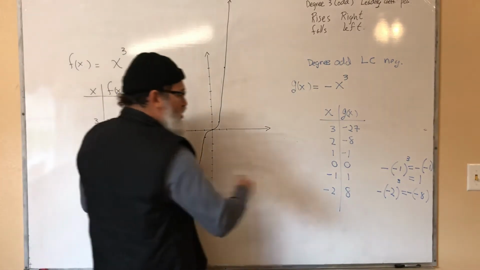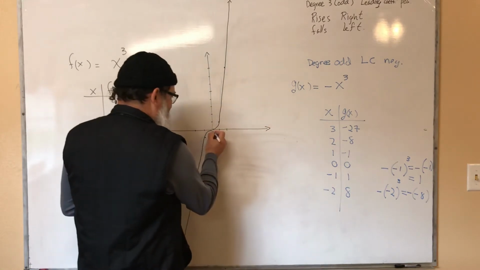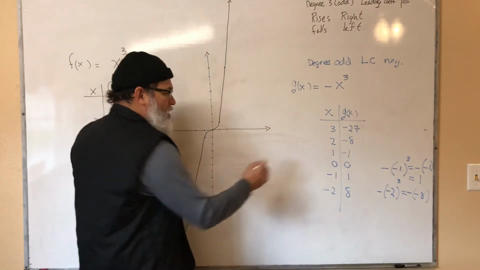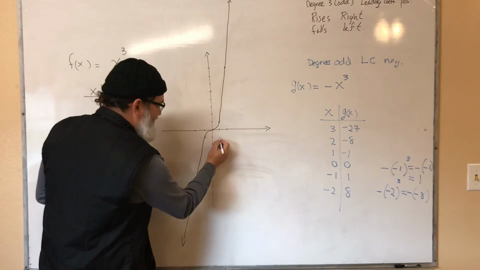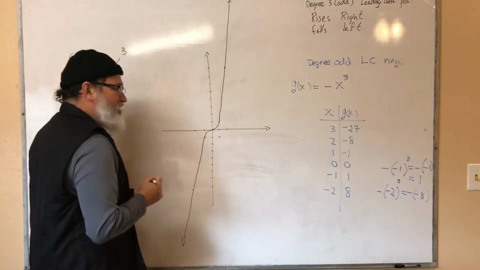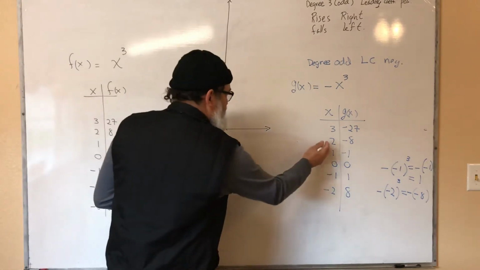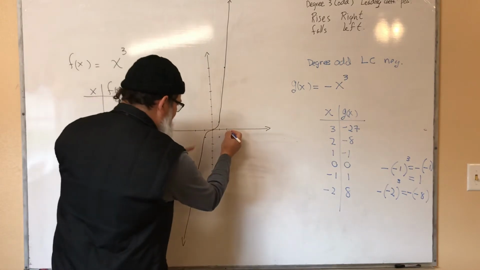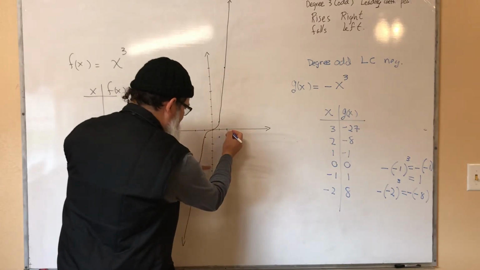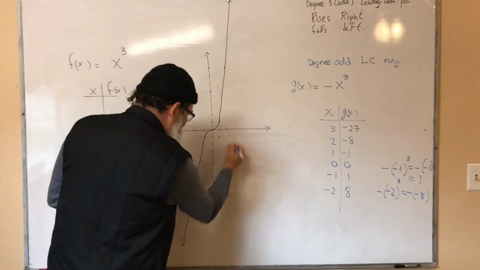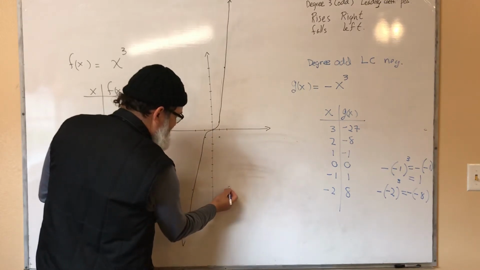0, 0, look. 1, negative 1. 2, negative 8. 2, and then 1, 2, 3, 4, 5, 6, 7, 8. 2, negative 8 right there. Look.